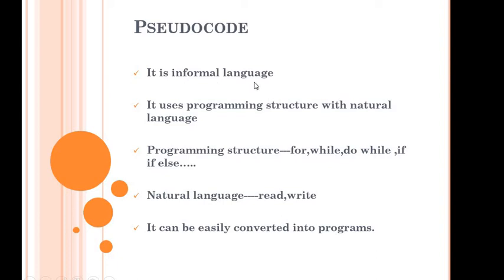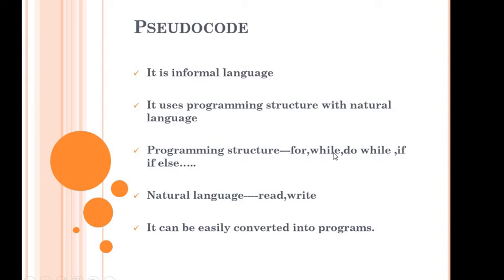Pseudocode is an informal language. No rules, syntax or regulations have to be followed. It is up to the algorithm writer to explain the steps in an easy and convenient way. It uses programming structure with natural language. Programming structure means for, while, do while, if else, like that.